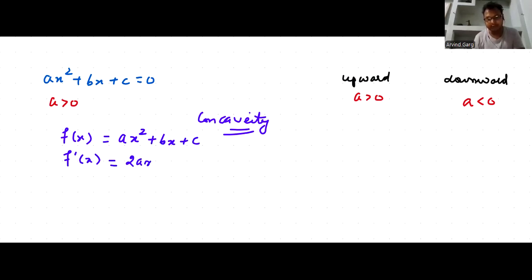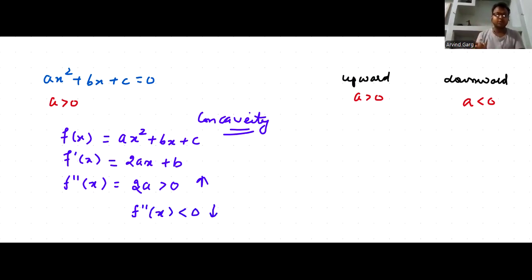Then the double derivative is 2a only. So if the double derivative is greater than 0, which is purely dependent upon a over here, then the concavity is upward. If the double derivative of any polynomial is less than 0, then we can say that the concavity is downward. Equal to 0, we cannot say, because it means a is 0, and then it will not be a quadratic equation. All right. So from here we have two conditions for concavity upward and concavity downward.